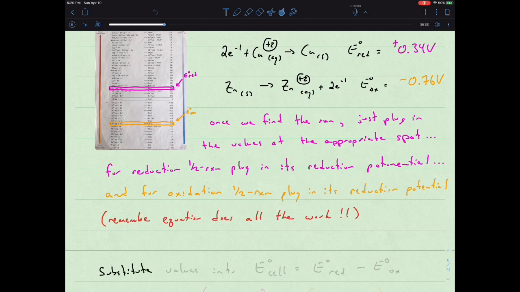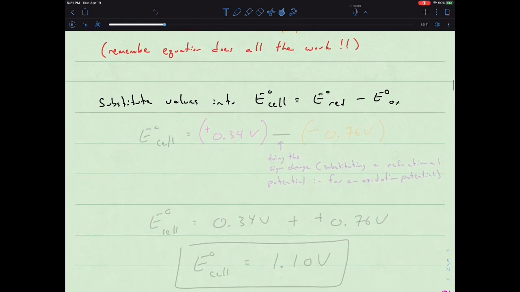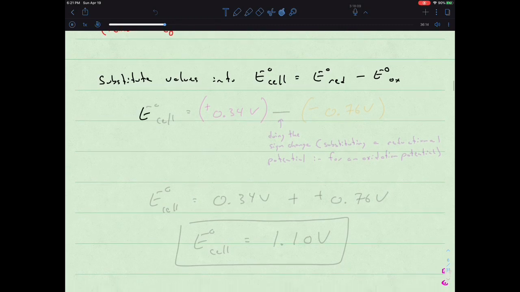So now we can substitute the values into our cell potential. Our cell potential would be equal to then the positive 0.34 volts that we had above minus the negative 0.76 volts that we had for our oxidation side of things.